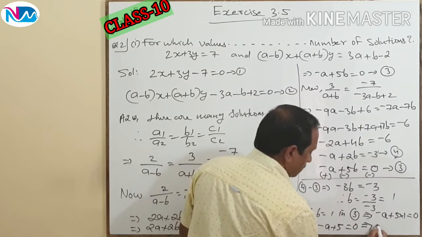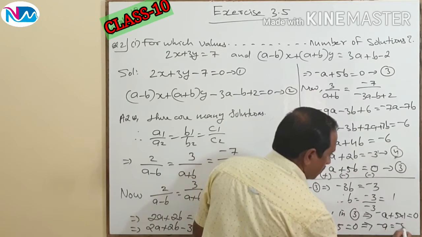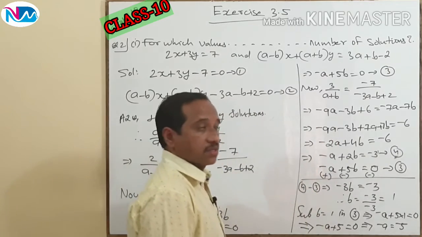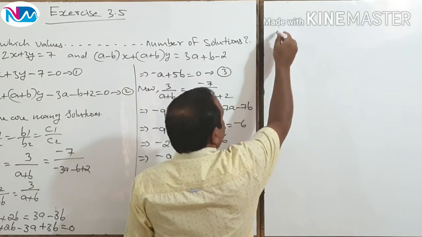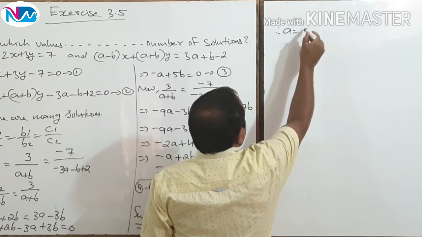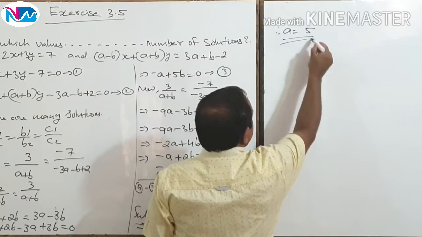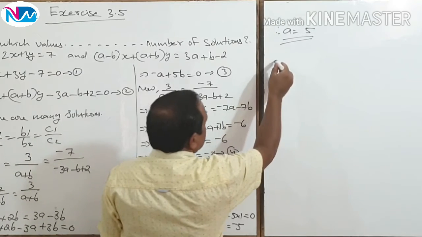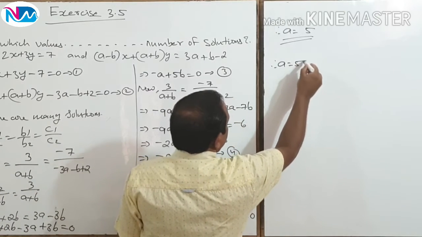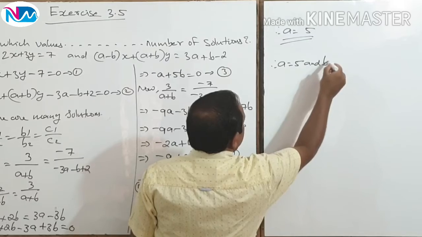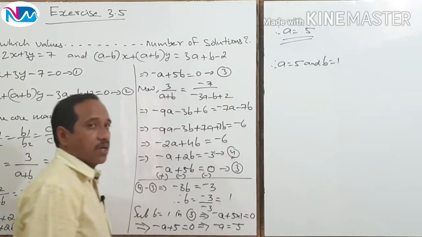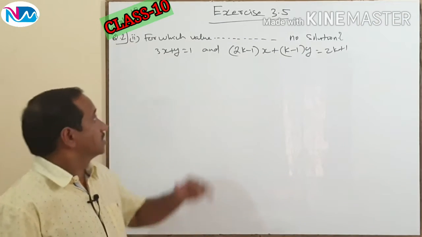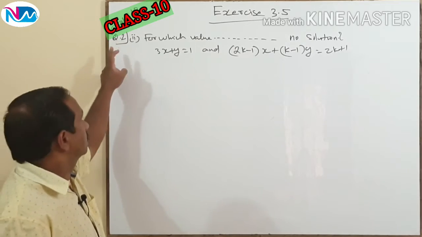That gives minus a is equal to minus 5. Therefore, we get a is equal to 5. Finally, a is equal to 5 and b is equal to 1. Next is the second question under question number 2.